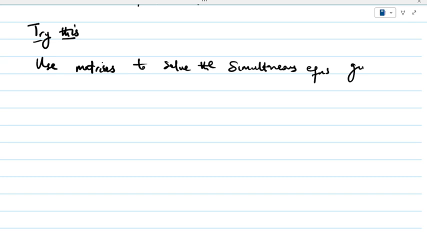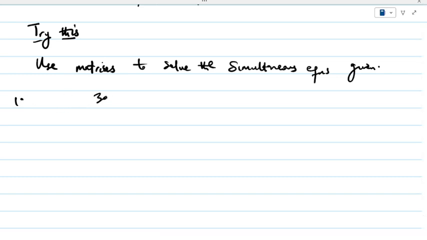So you can try this. Use matrices to solve the simultaneous equations given.